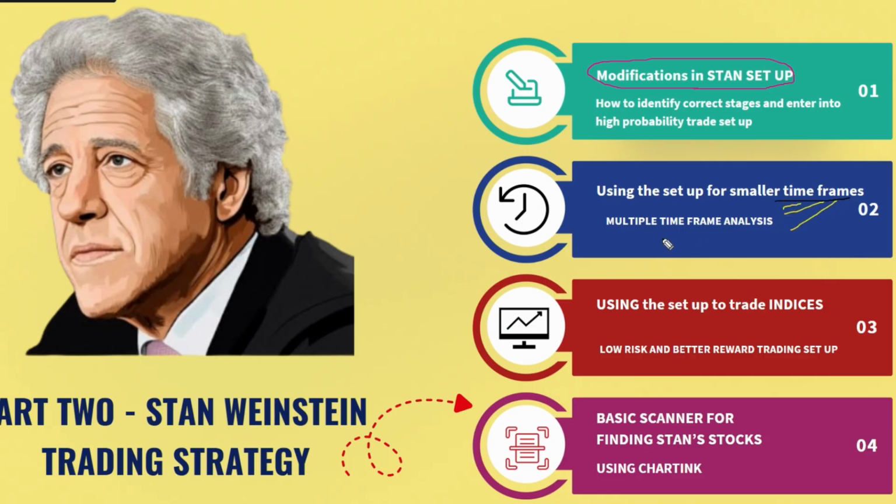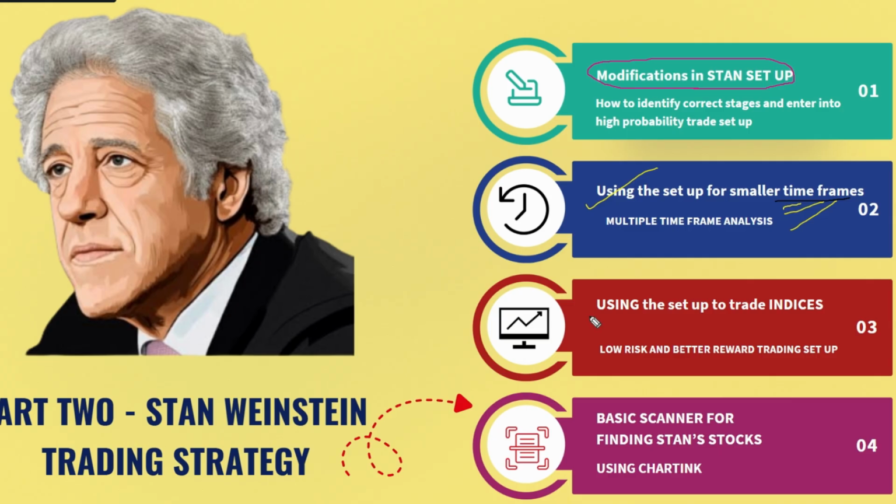So I will also be discussing how to use the setup for smaller time frames, and how to use this same setup to trade indices. By indices I mean you can trade mutual funds based on this. You can trade Nifty 50 or ETFs like Nifty 50 ETF, Nifty Bees, even Gold Bees or whatever it is.